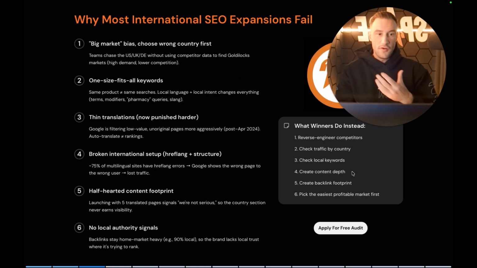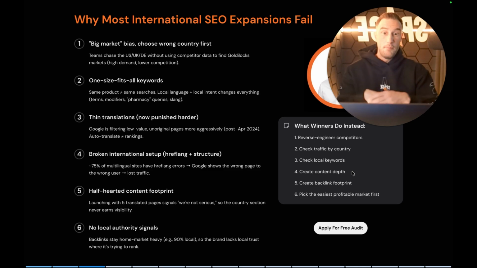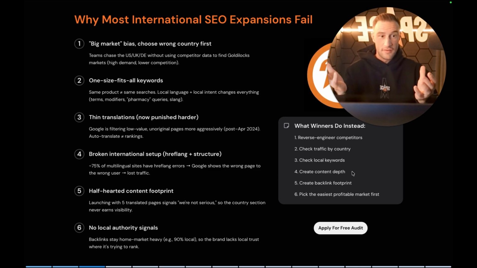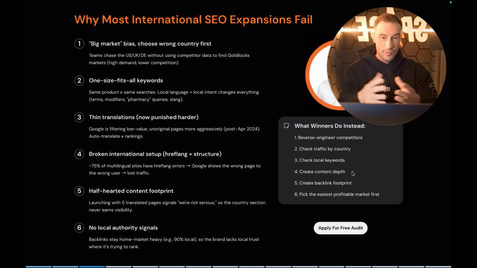The first thing, why do most international SEO expansions fail? The first reason is that a lot of people and marketing teams have big market bias. So they choose a country based on gut feeling. So for example, hey, we want to scale in the US because there's a lot of people there and we can sell a lot of our product there. But they forget that the barrier to entry is way higher, that it could be way more expensive than they initially thought.